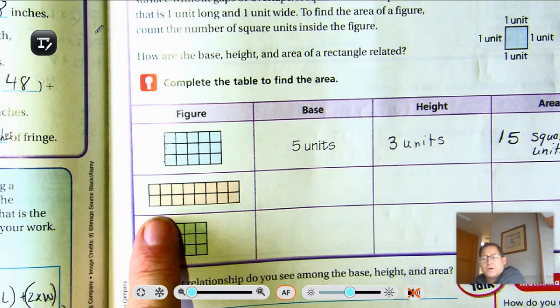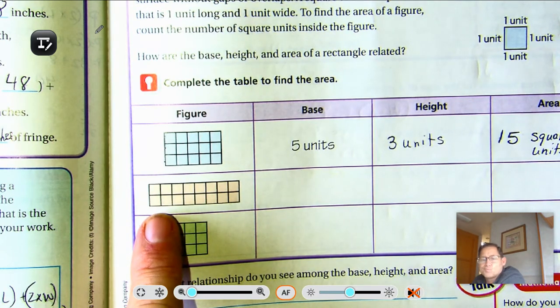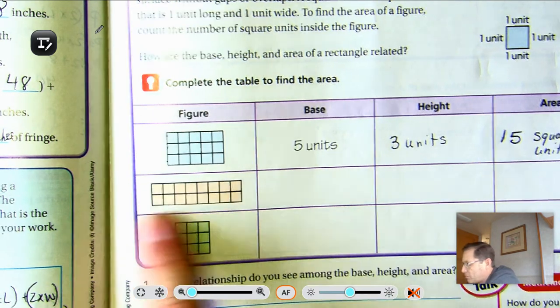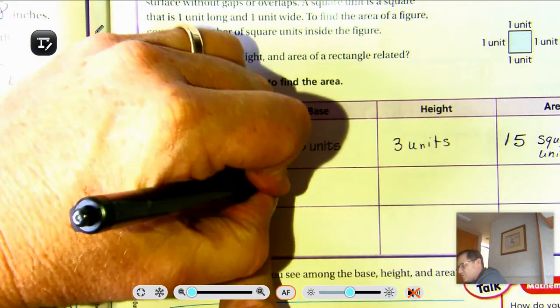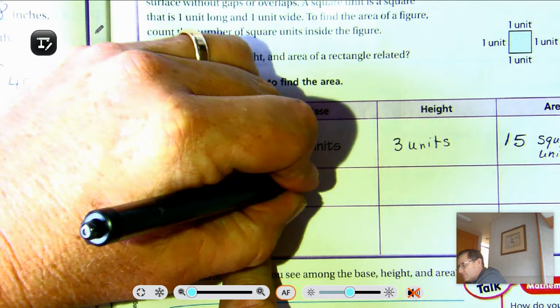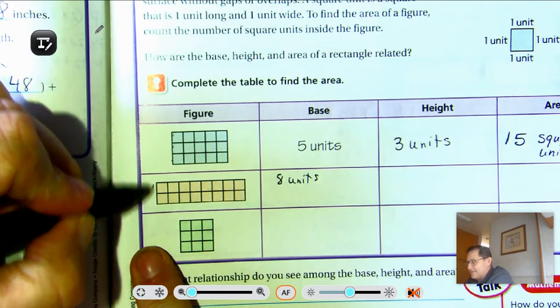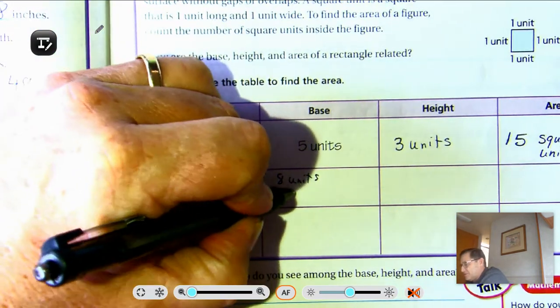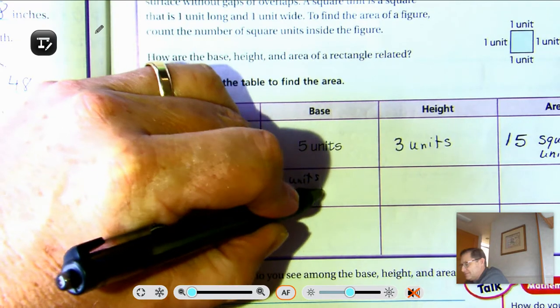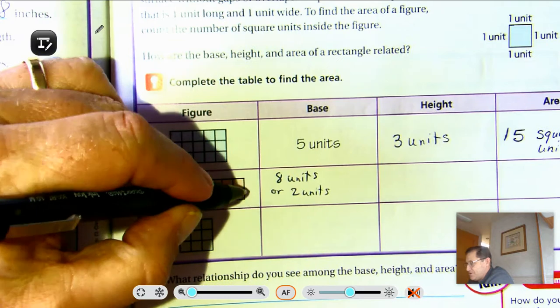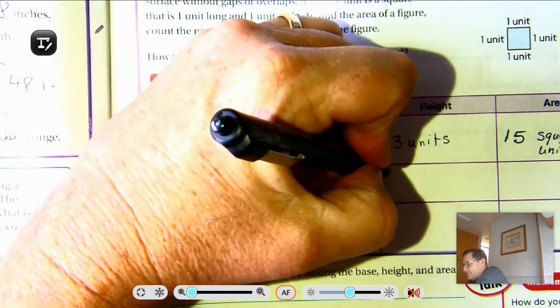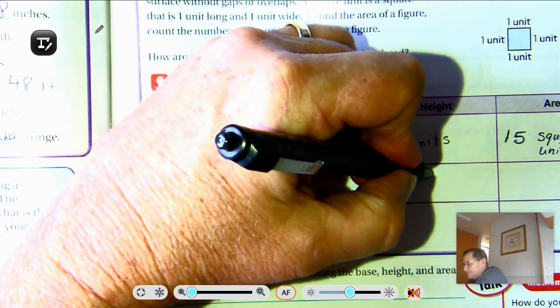Now this one, again, it doesn't matter what we call the base. If we go to the bottom part again, it would be 2, 4, 6, 8 units. Or if I call this side the base, it could be 2 units. So if I called the base 8 units, then the height would be 2 units.